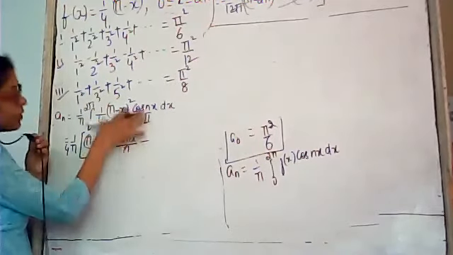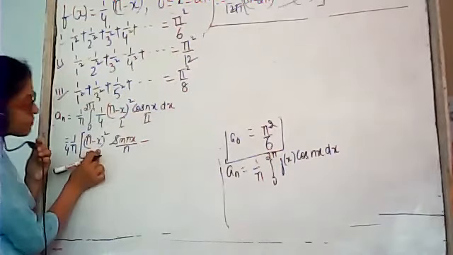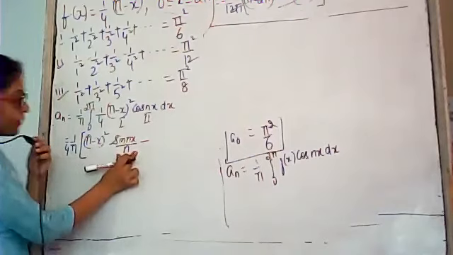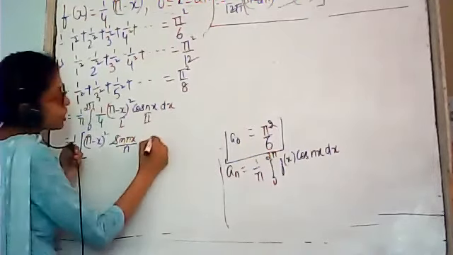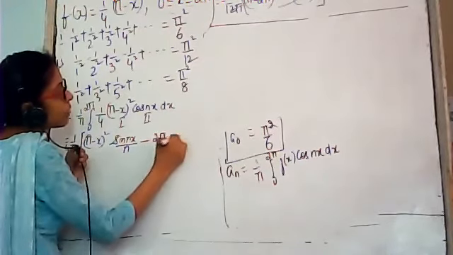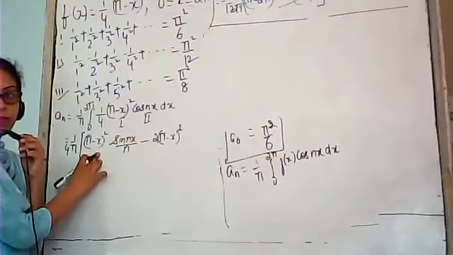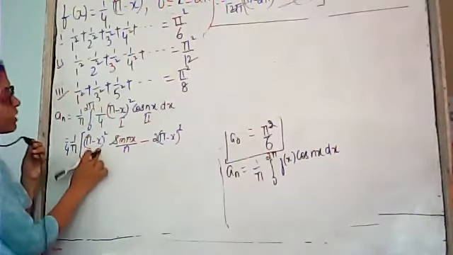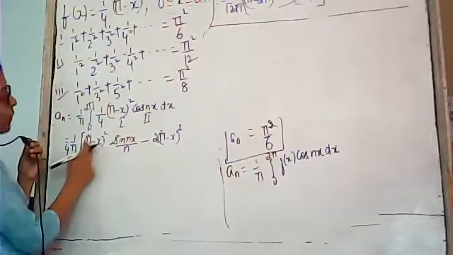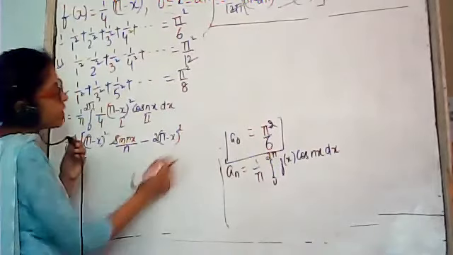Now leave this term. Okay? Now this is the first function and this is the second function. You have to differentiate the first function, (pi minus x) the whole square. Its differentiation is 2 into (pi minus x) to the power 2 minus 1, which is 1.